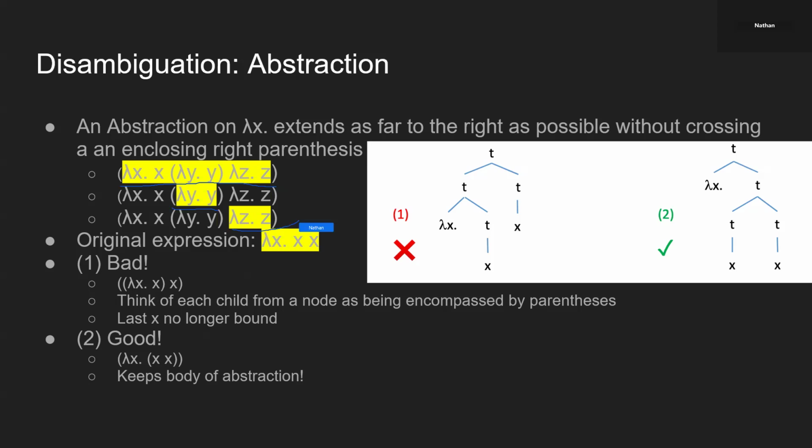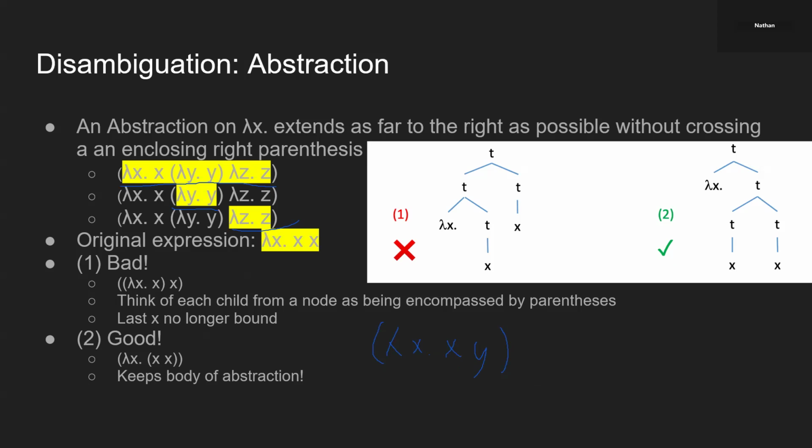This is important when you apply the disambiguation rule, specifically when you're drawing parentheses around a lambda expression. You always want to encompass it in parentheses, for example x, y. More so, when you're applying the other disambiguation rules, you don't want to accidentally cut it off.